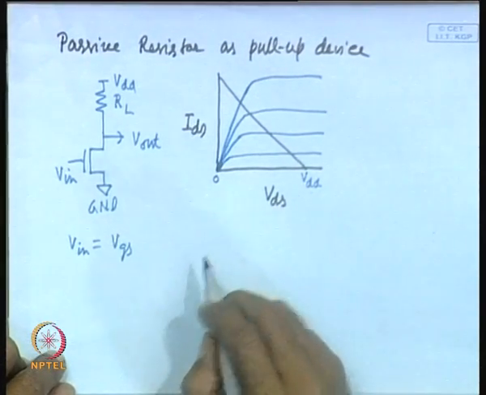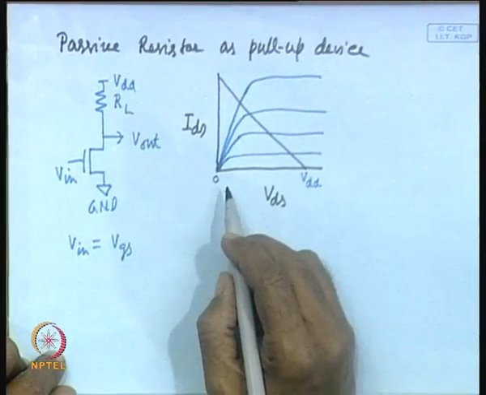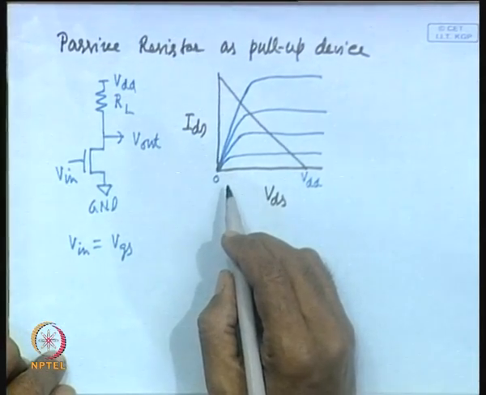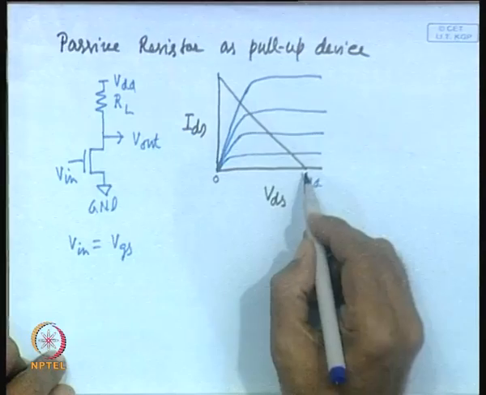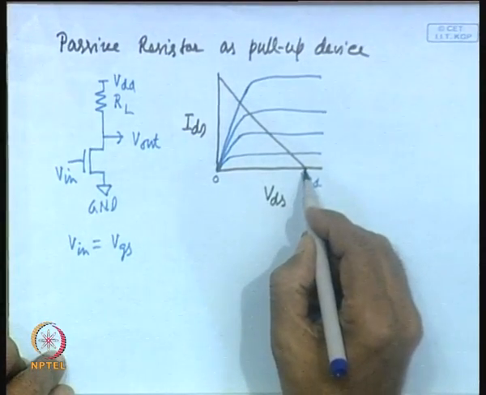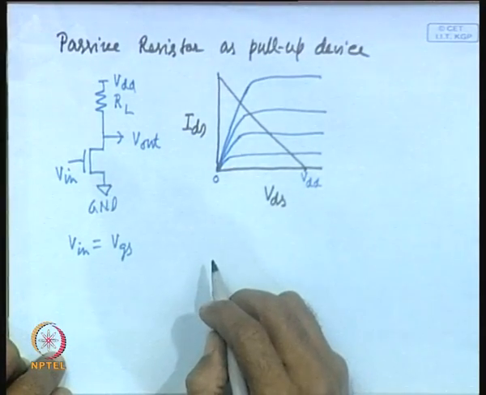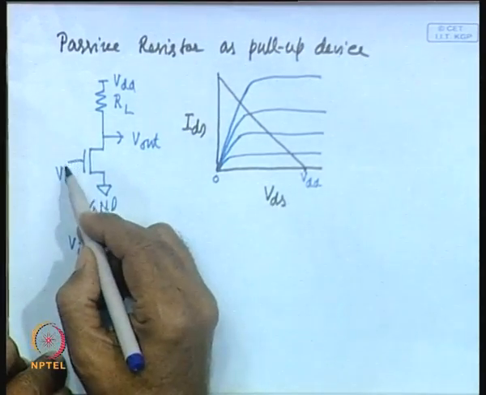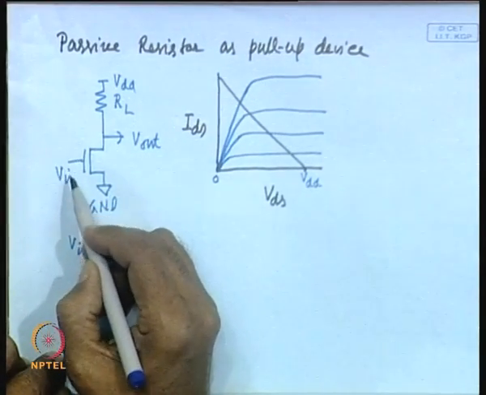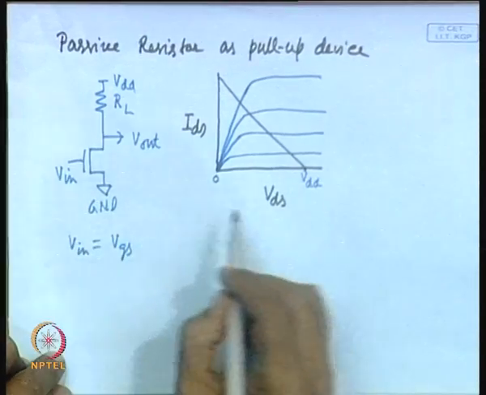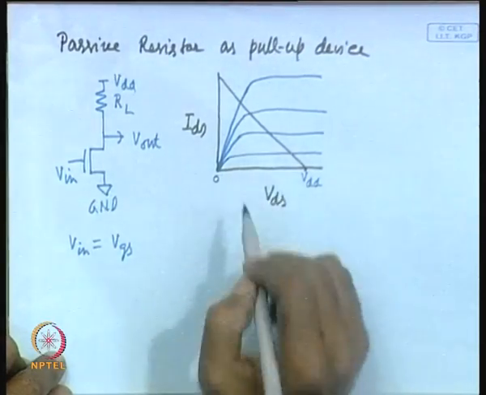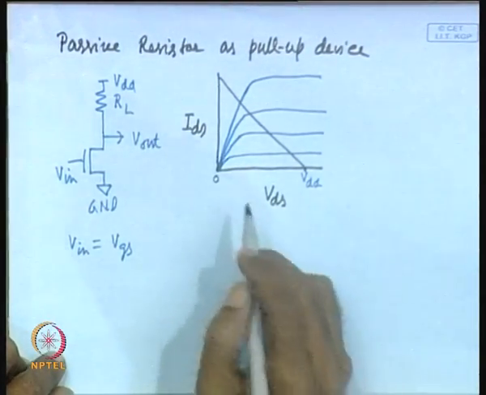Let us start with when the input is VDD. When the input is VDD, what is the output? Sorry, this is not the input output characteristic.